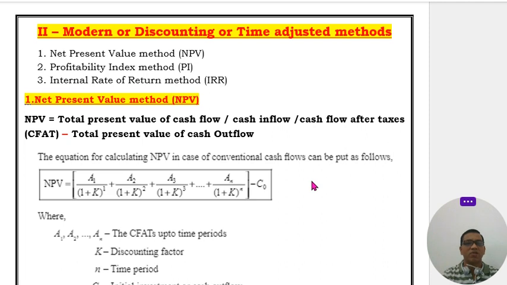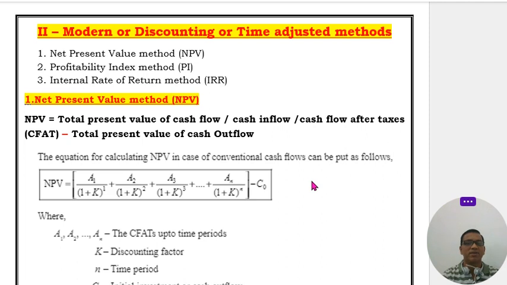What is time value of money? According to this concept, the present value of money is always more valuable than the future value of money. Present value of a rupee is more valuable than the future value of a rupee. This concept is applied in the modern methods.